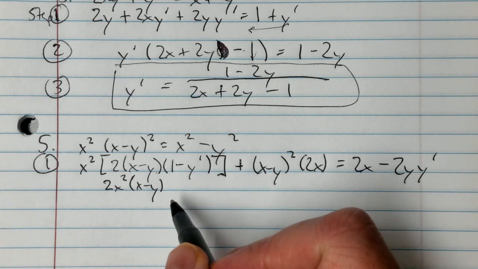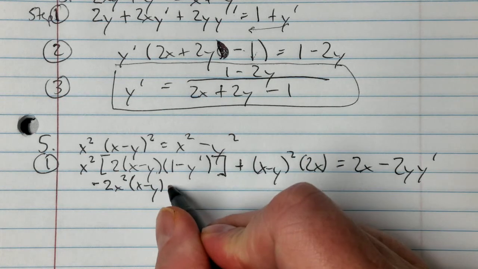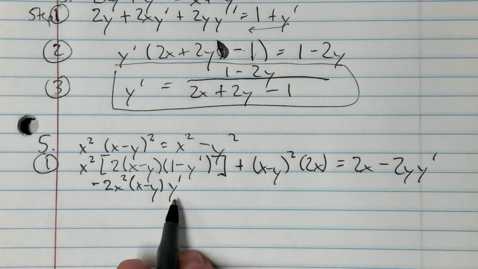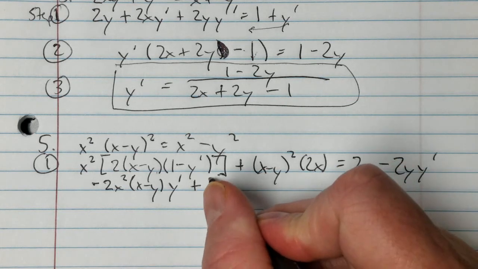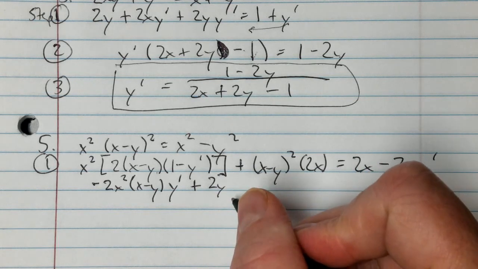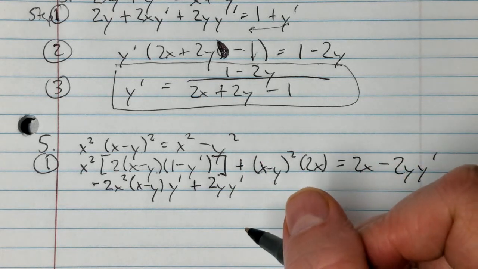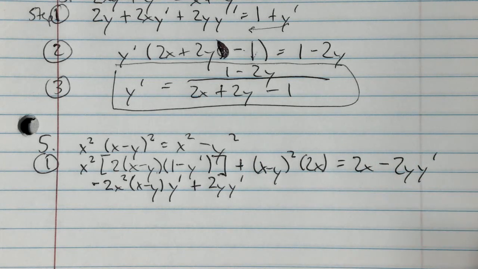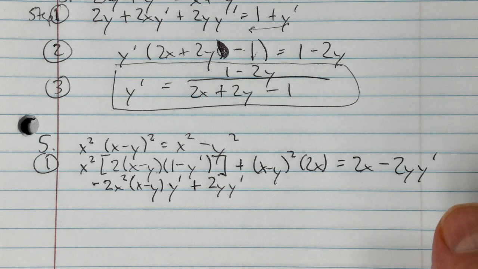So they're trying to save a step and put this with a minus sign here and then a y prime, and then they are adding 2y y prime.